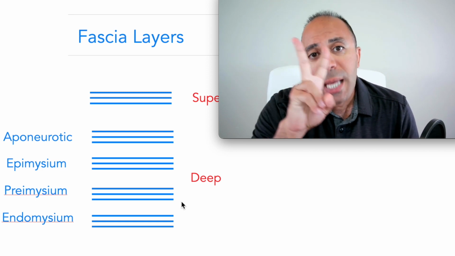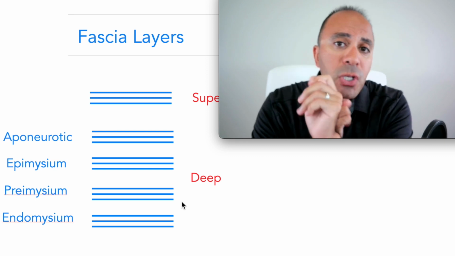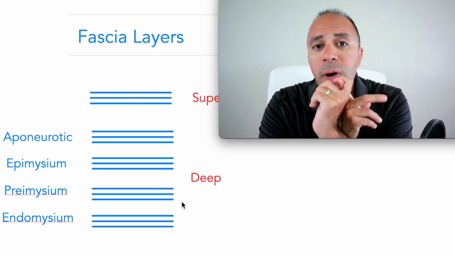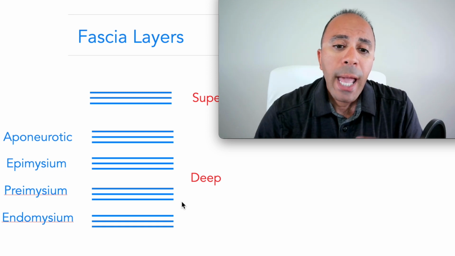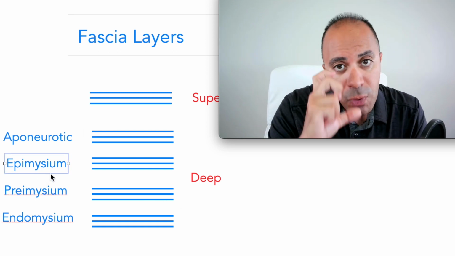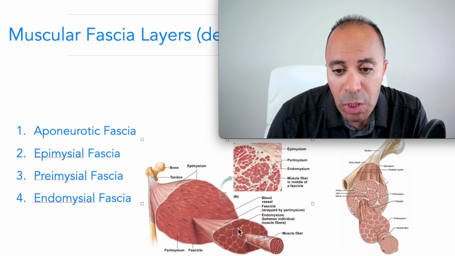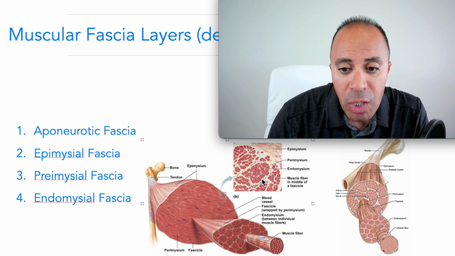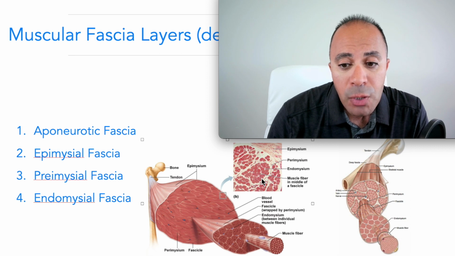We have two main categories: the superficial fascia layer and the deep fascia layers. The deep fascia layer is divided into 4 subcategories: the aponeurotic fascia, epimysium, perimysium, and endomysium. The aponeurotic fascia wraps a group of muscles, the epimysium wraps each individual muscle, the perimysium wraps a bundle of muscle fibers, and then each individual muscle fiber is wrapped with endomysium.